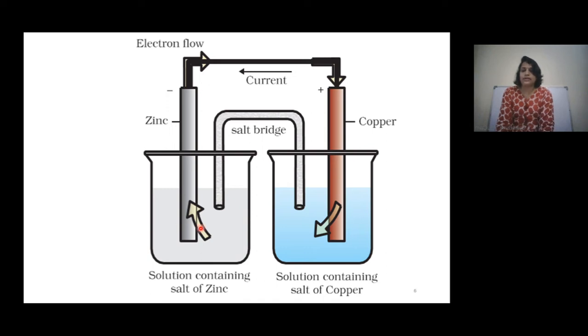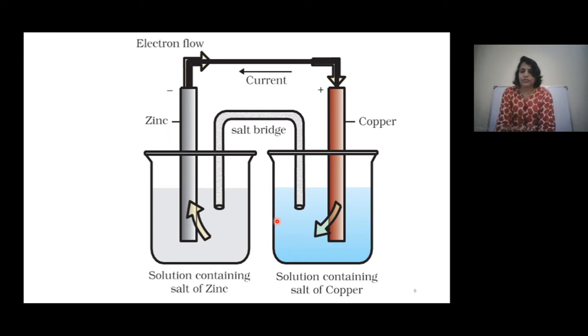Now what is a voltaic cell? A voltaic cell, also known as a galvanic cell, is one in which electrical current is generated by a spontaneous redox reaction. So, we know the reaction zinc plus copper sulfate giving copper plus zinc sulfate. The cell is represented as copper in copper sulfate, double line, zinc in zinc sulfate.